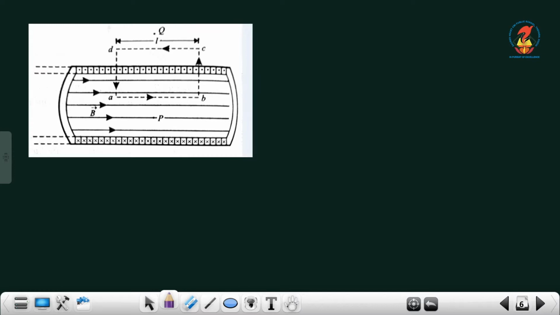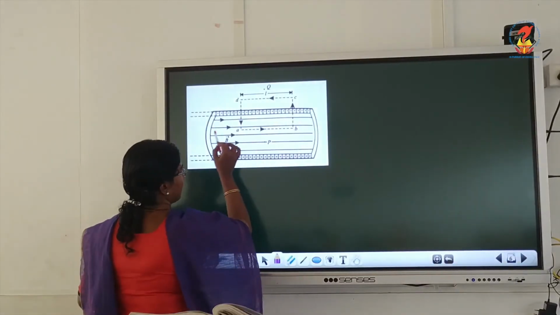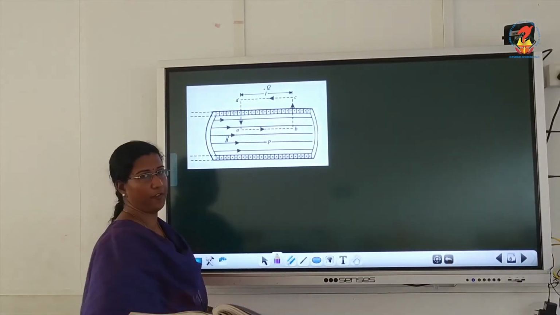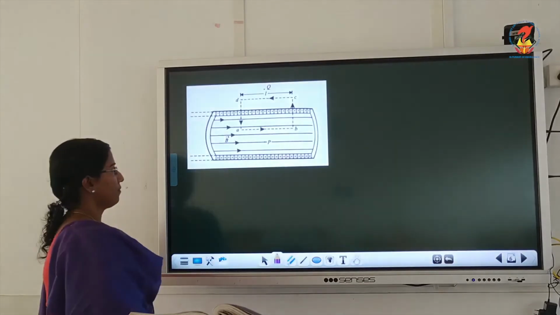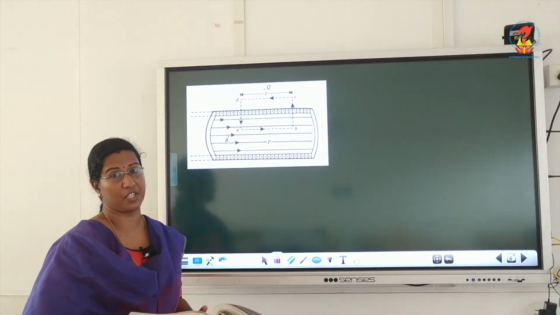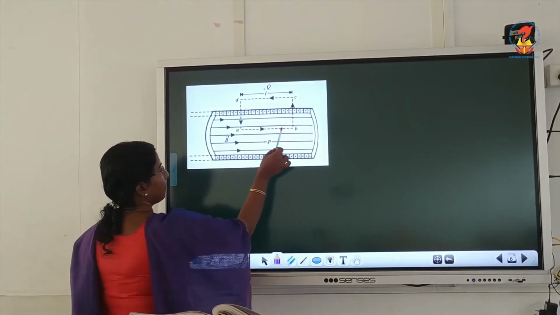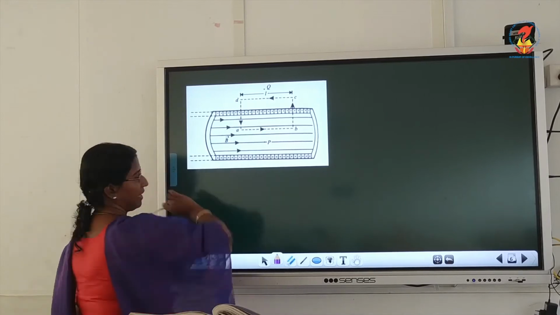This represents my imaginary surface, my Amperian loop, and the straight lines represent my field. The dotted rectangle represents my imaginary Amperian loop. I have named my Amperian loop A, B, C and D.